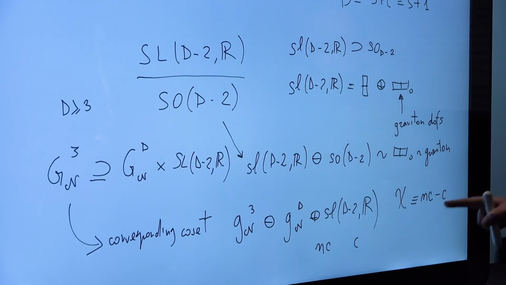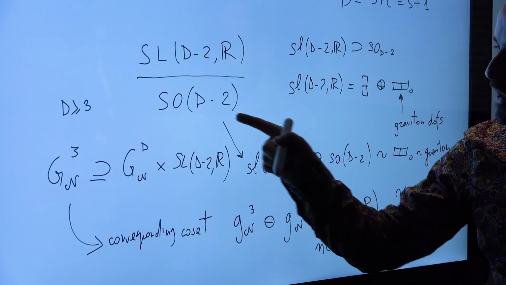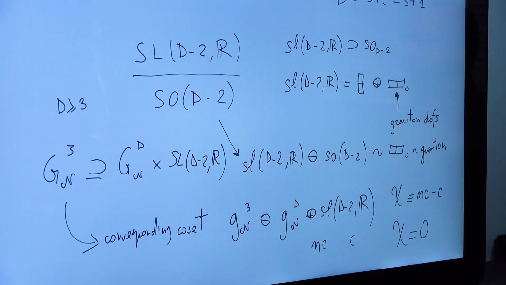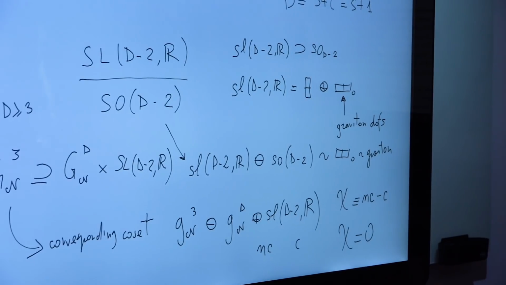And all these cosets, so the cosets related to this embedding, to the Super-Ehlers embedding, so I will dub them Super-Ehlers cosets, have a feature that chi is vanishing, which means that the number of non-compact generators is equal to the number of compact generators.